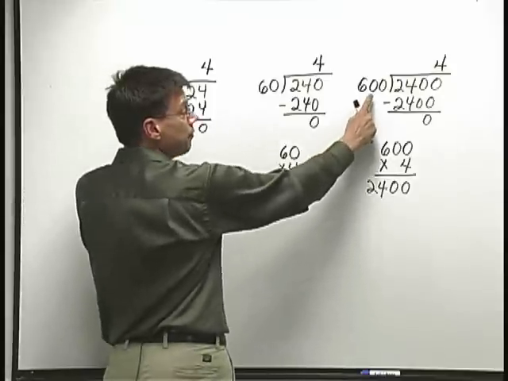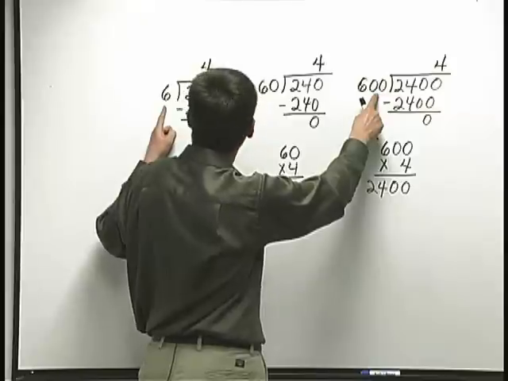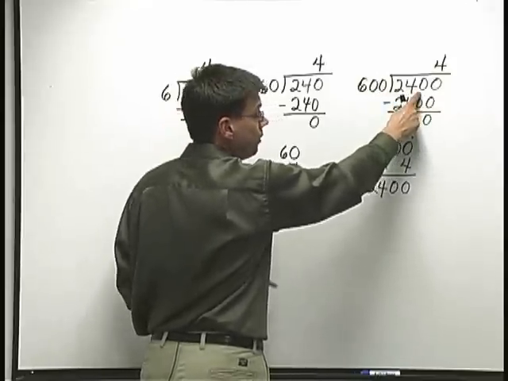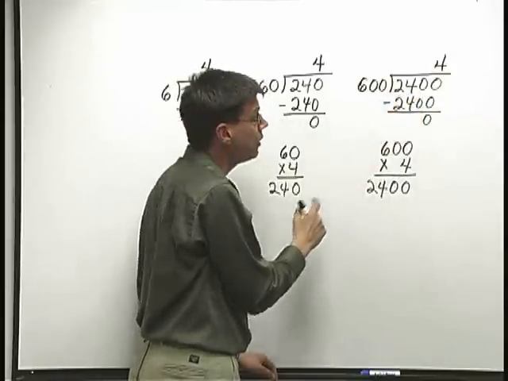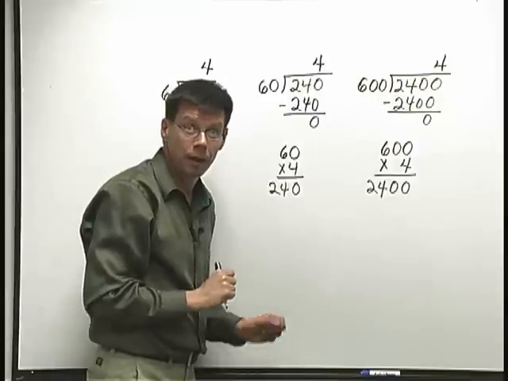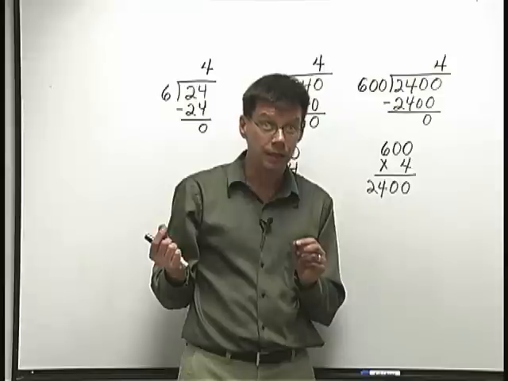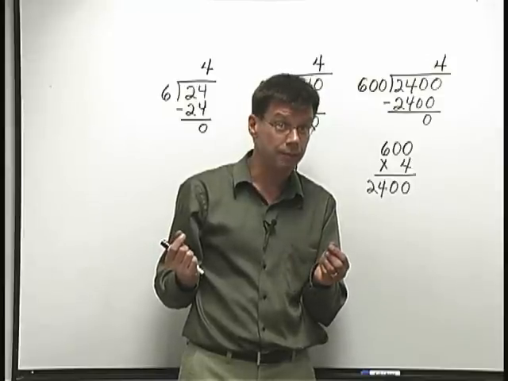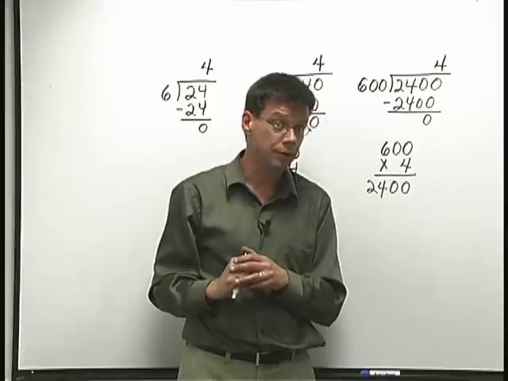If you multiply in front by 100, 600 is 6 times 100, and inside by 100, the same number, 24 times 100 is 2400, you get a new division problem with the same answer. If you take any division problem and multiply both in front and inside by the same number, you'll get a new division problem with the same answer.